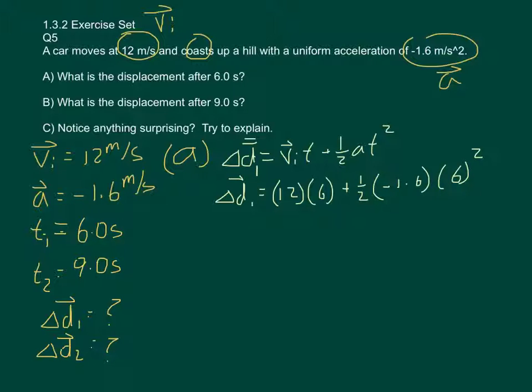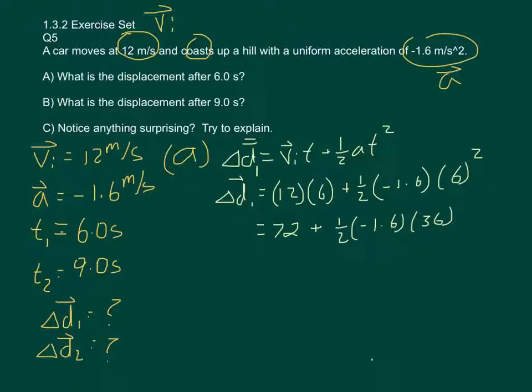So 12 times 6 is 72, plus 1/2. Let's take this one step at a time. Negative 1.6 times 6 squared, which is 36.